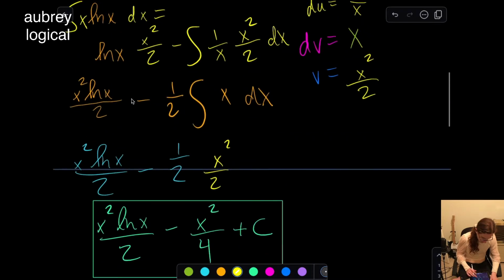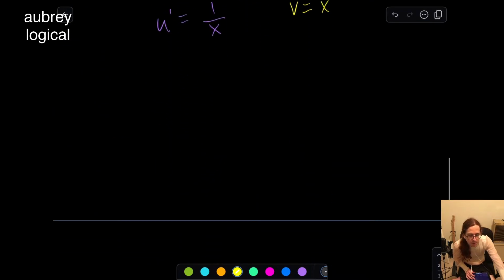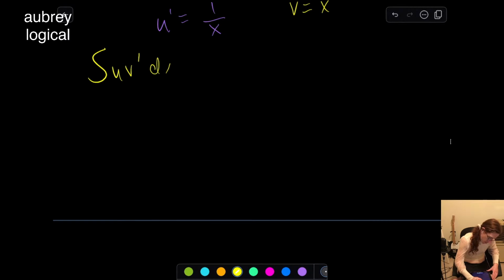Now we need our formula again. So here is our formula for integration by parts.